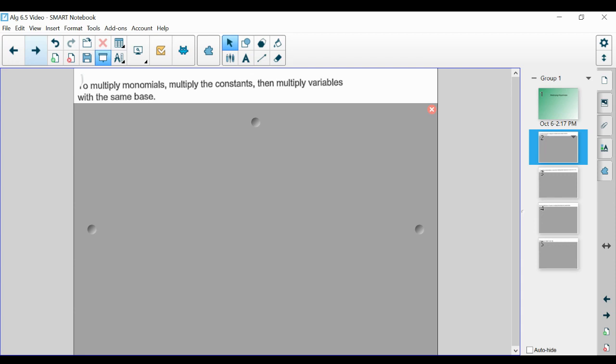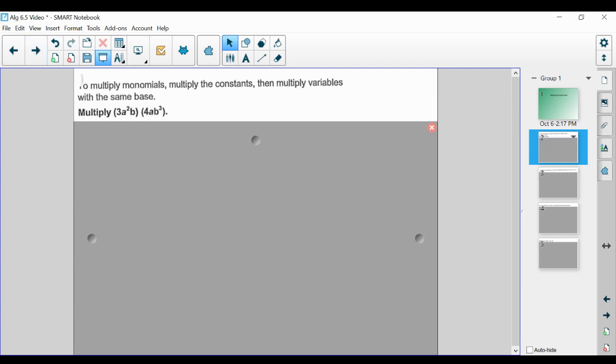So to multiply monomials, we multiply the constants, then multiply variables that have the same base. That might sound a bit complicated, but let's go through an example to talk about what we mean. Let's say we want to multiply 3a squared b times 4ab to the third, or b cubed.